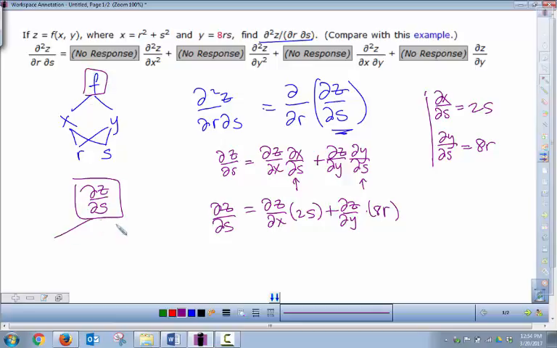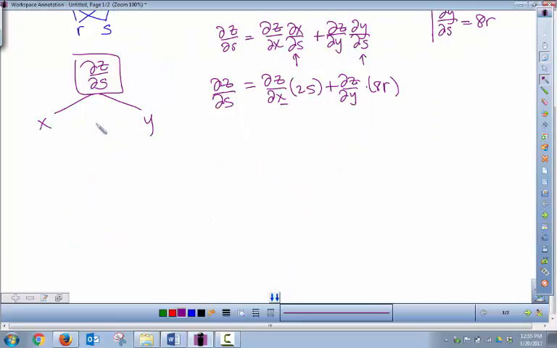And then this is a function of x and y, but it's also a function of r and s. That's where it gets a little complicated if you don't do the full substitution. But x and y are also functions of r and s.